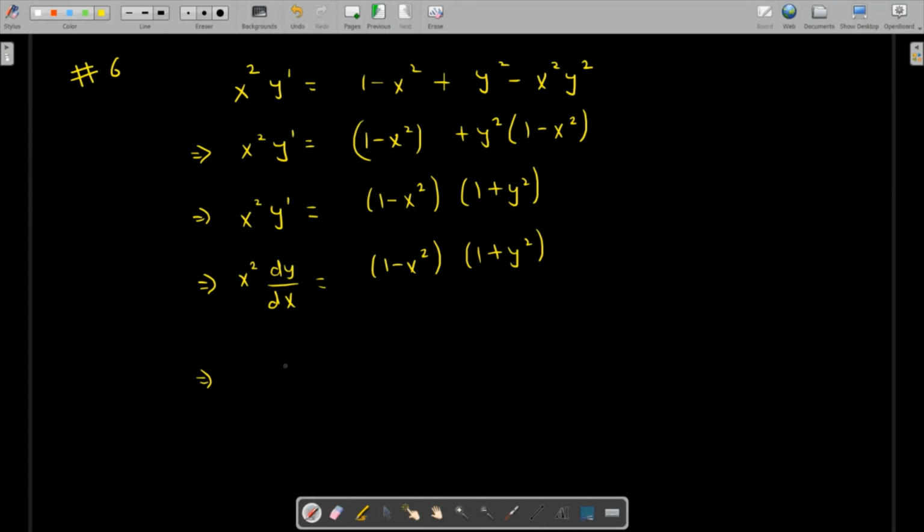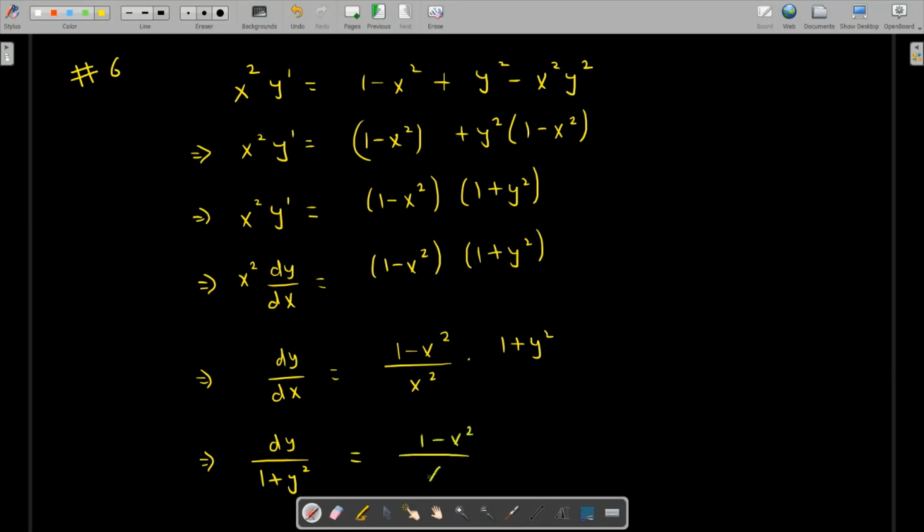So what we are going to do is divide both sides by x square. So it's going to look like 1 minus x square over x square, and 1 plus y square remains as it is. Now dividing both sides by 1 plus y square, it's going to look like this. So we have 1 minus x square over x square as it is, and dx comes over here.